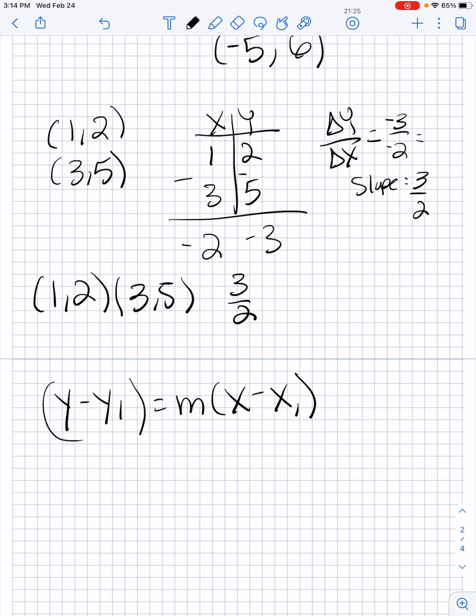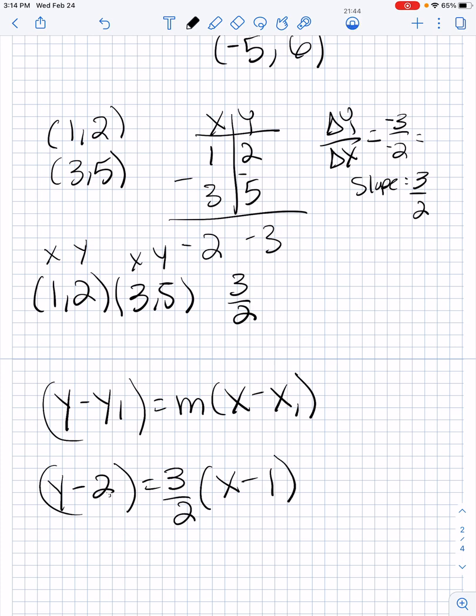So you could possibly have two answers, and that's okay on this because we have 2 points. So we have x, y and we have x, y. So we could have y minus 2 equals our slope, 3/2, times x minus 1. That could be one answer.